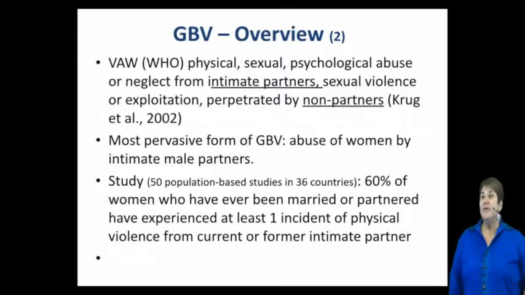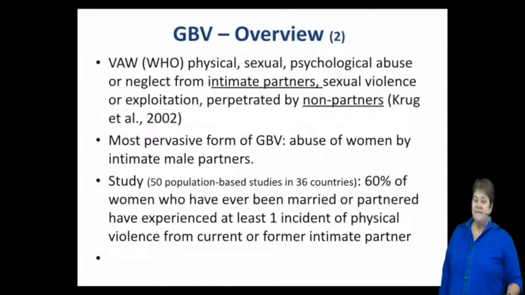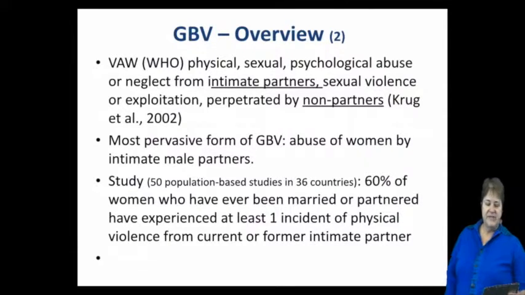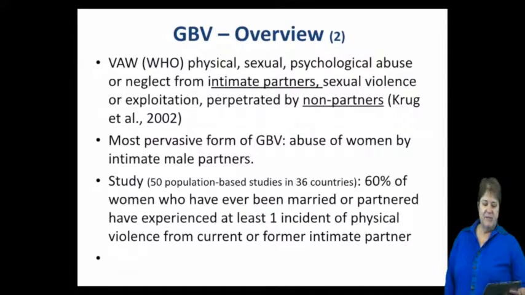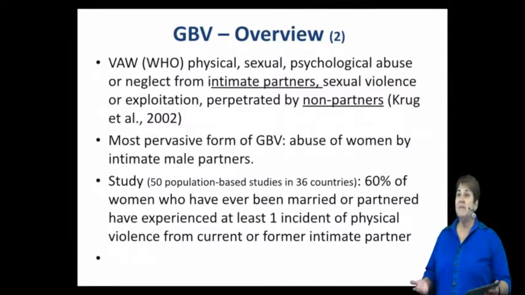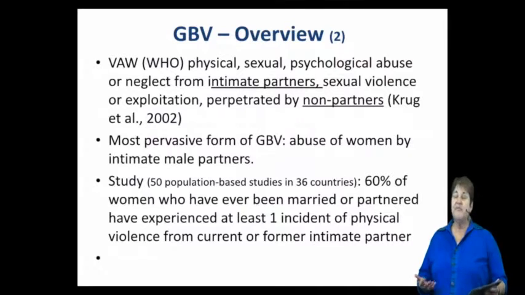The WHO defines intimate partner violence as physical, sexual, and psychological abuse or neglect from intimate partners. And it sees it as the most pervasive form of abuse of women.